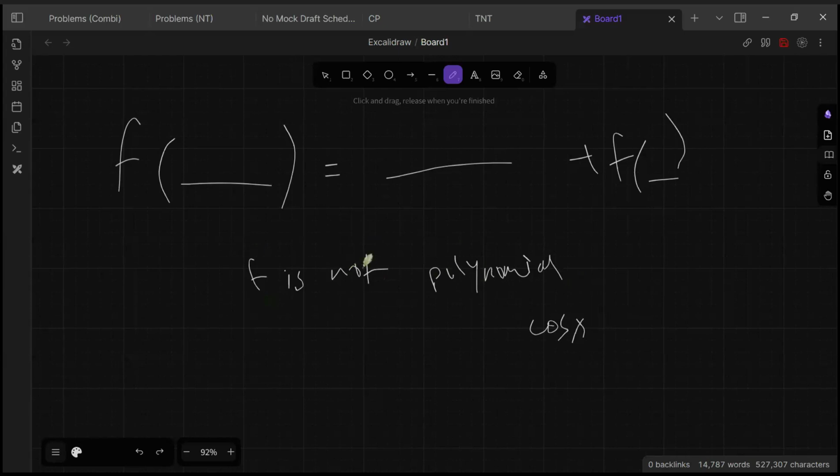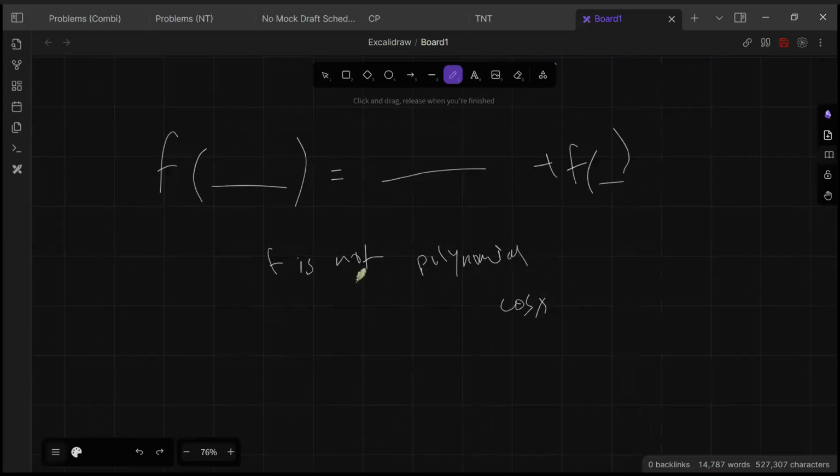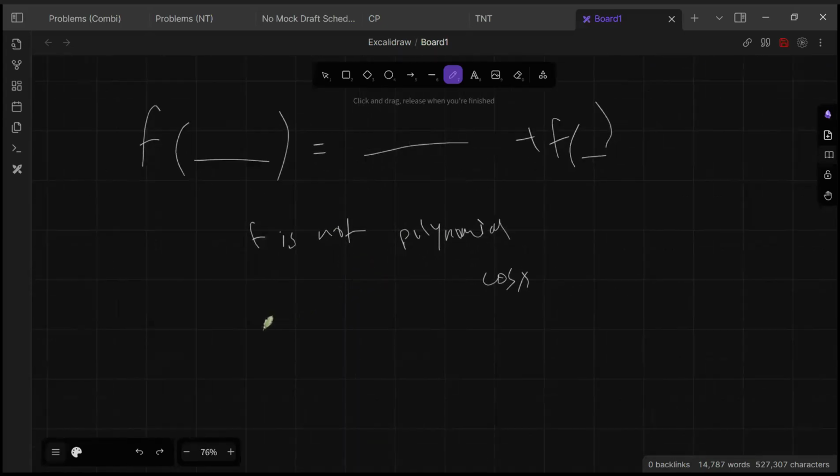If you want to check what the solutions might be, you can say, I'm checking f of kx plus m, with k equal to 1 and m equal to 0. That works.